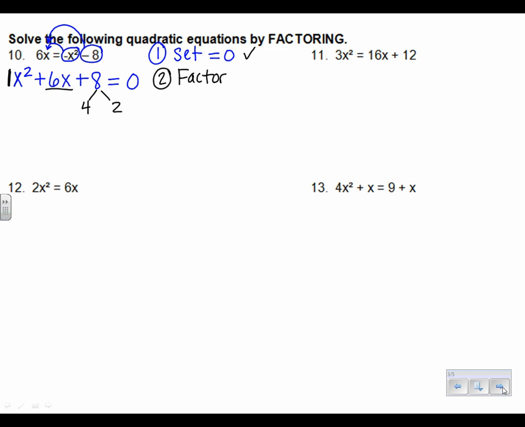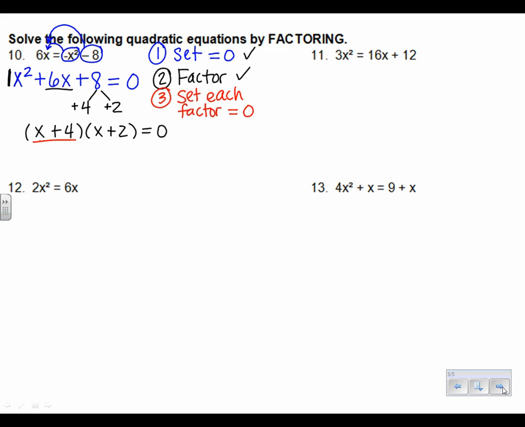Because the 8 is positive and the 6 is positive, both numbers are going to be positive for my factors. So my factors are x plus 4 and x plus 2. So step number 2 is done. I have factored completely.